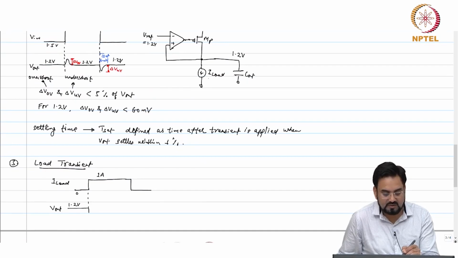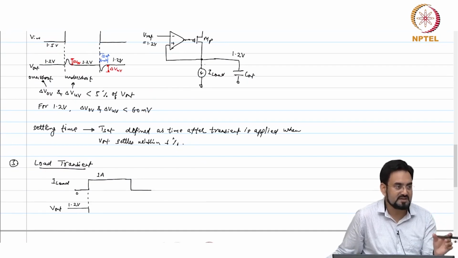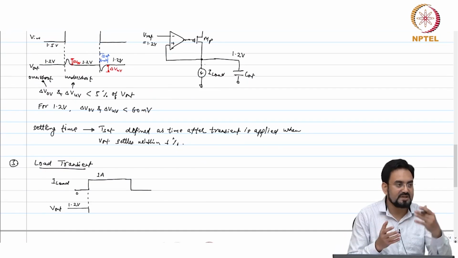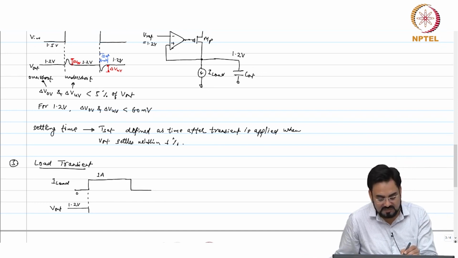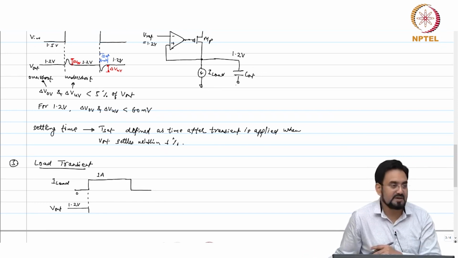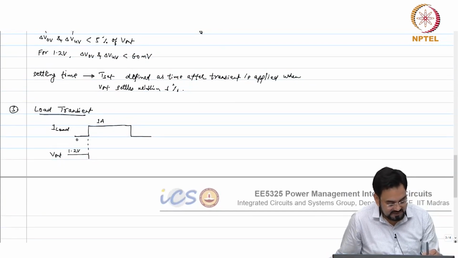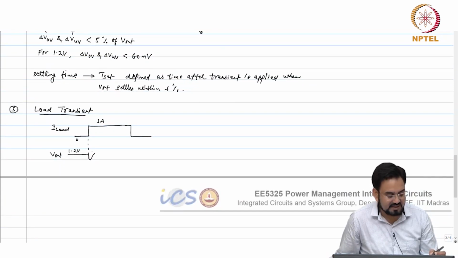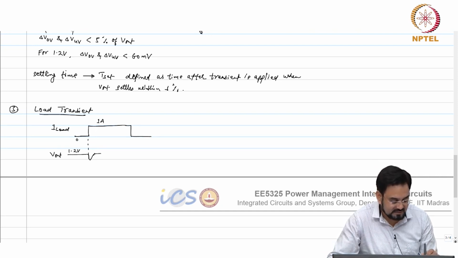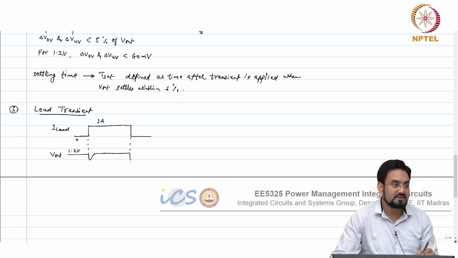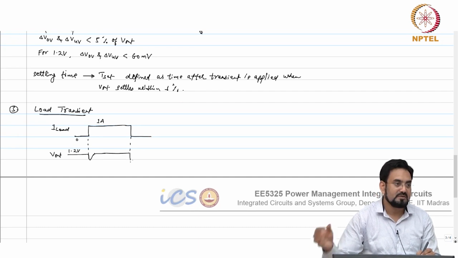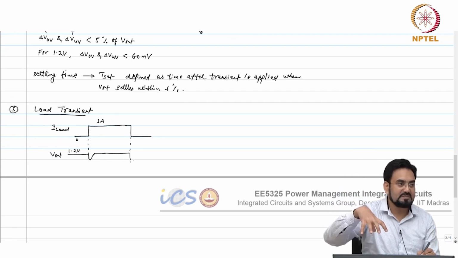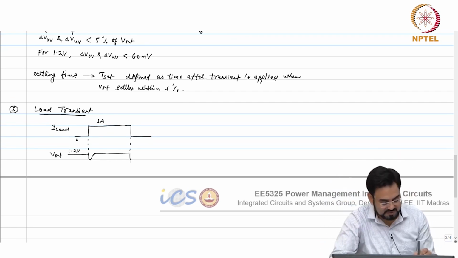Which means all the load current, for a very short duration or the duration for which your loop recovers, will be supplied by your capacitor, and capacitor will start discharging and then recover back again. And same thing will happen when you release the load. When you release the load, all the MOSFET current will get dumped into the capacitor and it will cause overshoot.